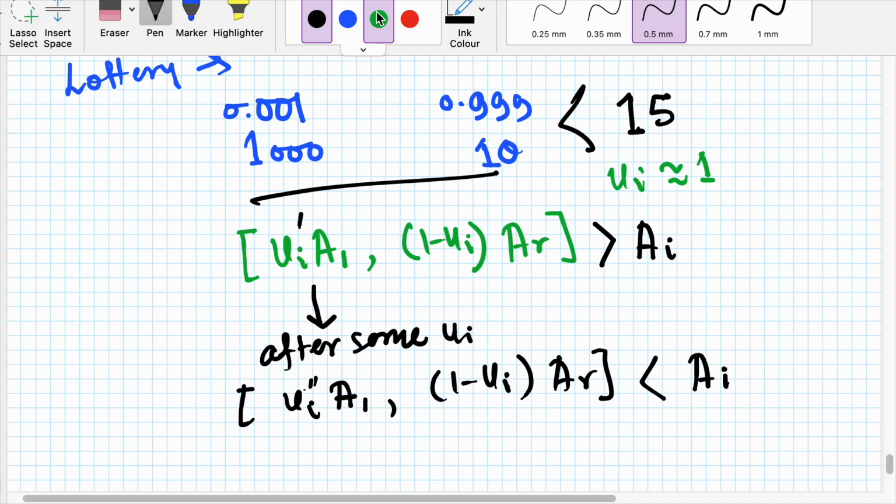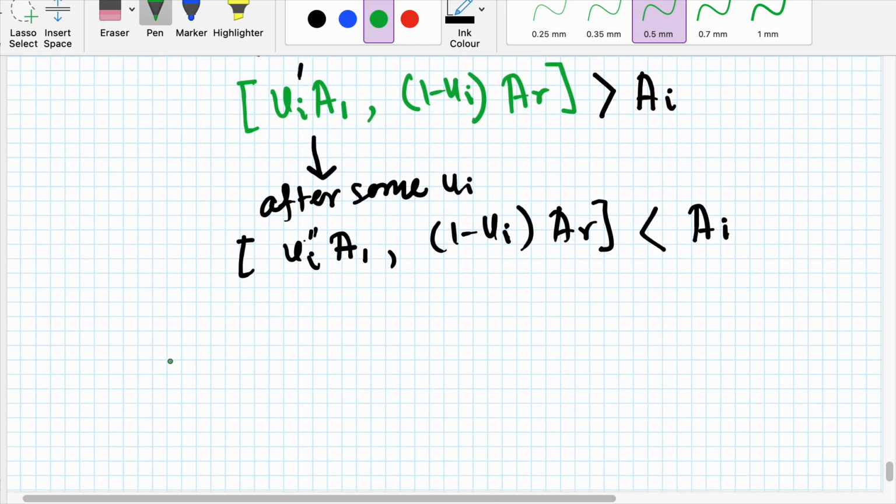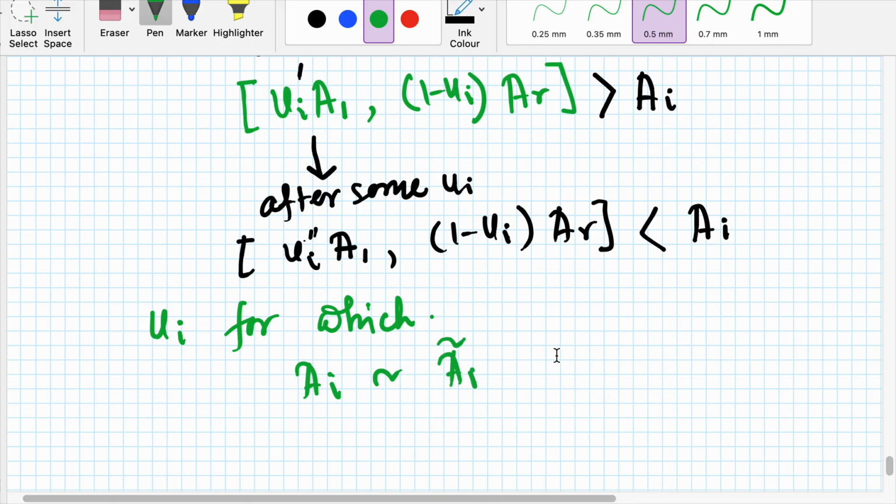So there will be some UI for which AI and AI tilde, that lottery is indifferent.